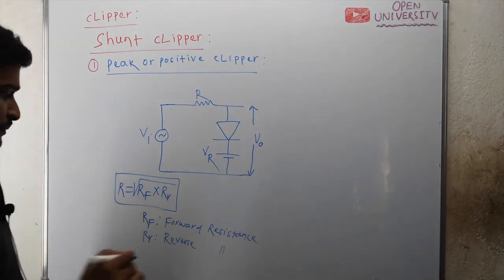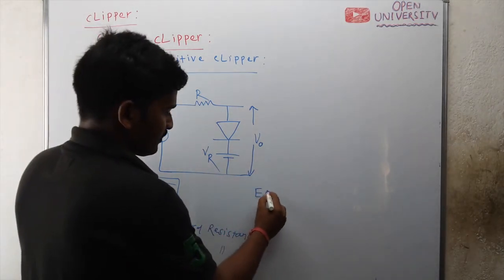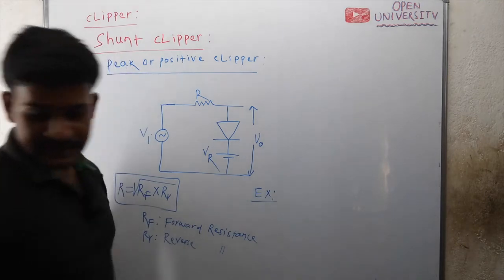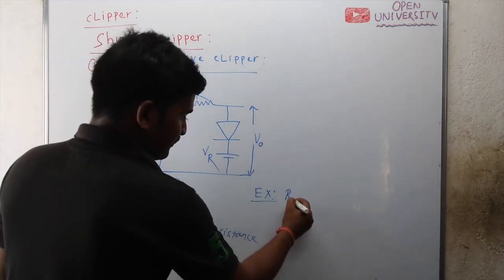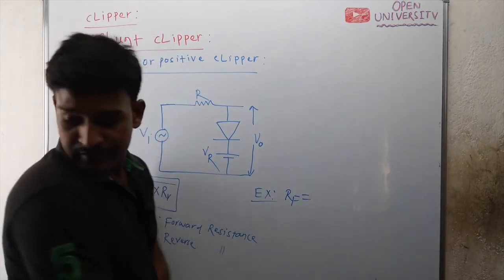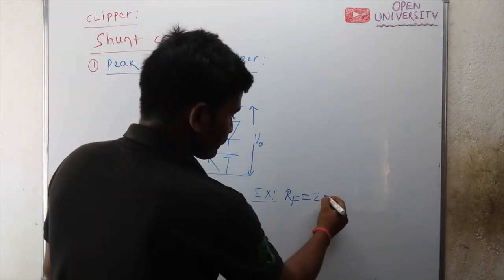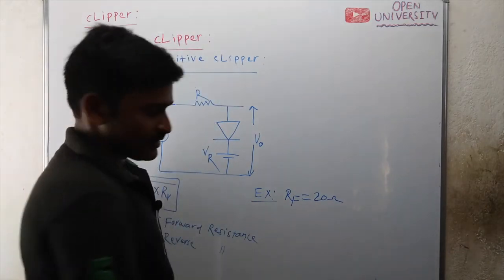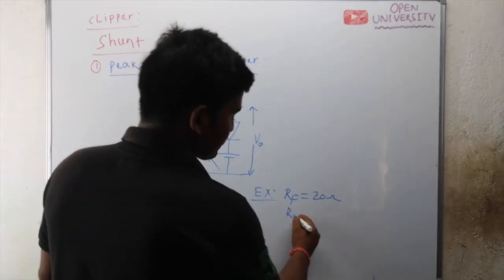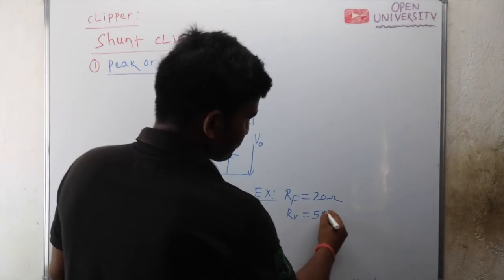For example, a diode has forward resistance RF given to be 20 ohm, and reverse resistance RR given to be 5 mega ohm.